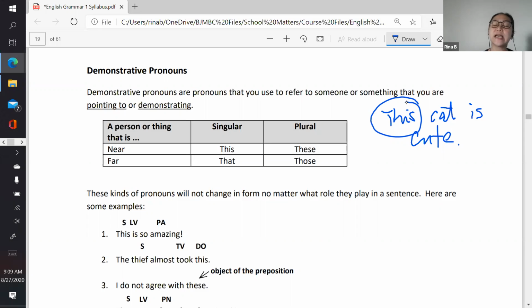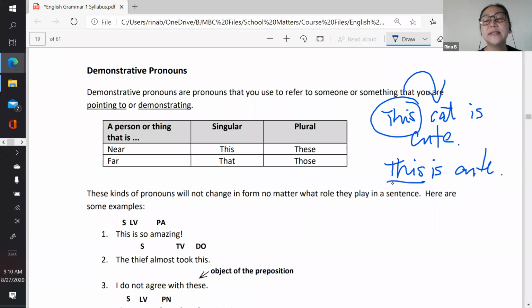It's acting as an adjective because it does not replace any word, but it's used to refer to the cat. But if you say, this is cute, and then you demonstrate what you're talking about, you point to it, then this acts as a real pronoun.